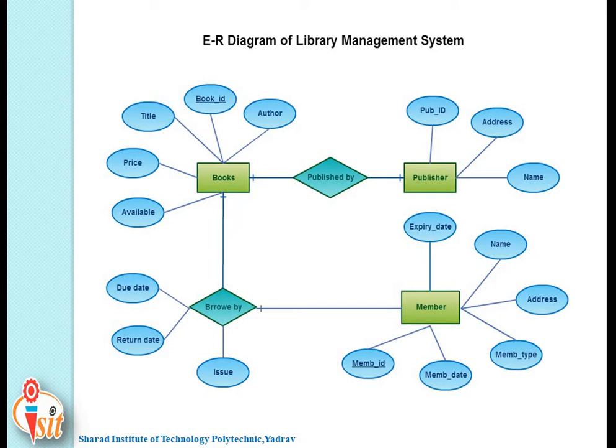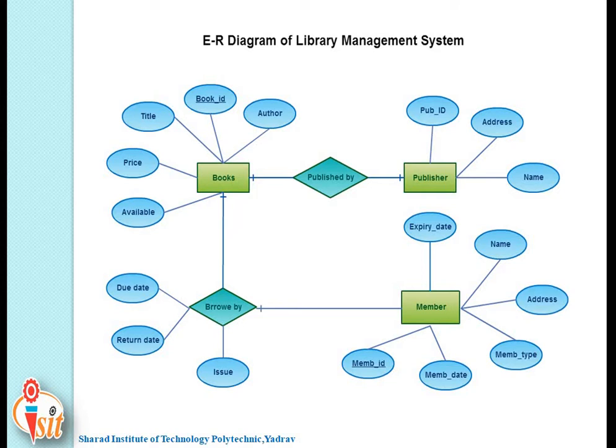When you are drawing an ER diagram, use a rectangle for the entity. After that, the attributes are attached with an ellipse, and finally what remains is the relationship. What is the relationship between different entities? It is shown by the diamond.